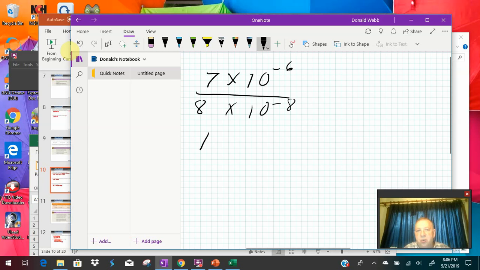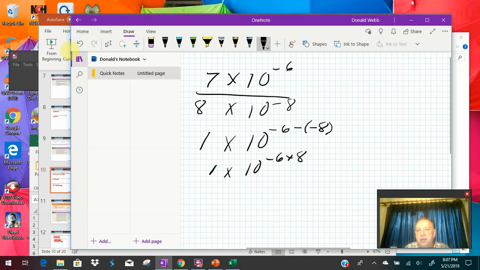So I'm going to write this as 1 times 10. This is where I'm going to do my exponent work. So when I'm doing exponent division, it's always the top minus the bottom. So this is going to be negative 6 minus, here's my parentheses, what am I subtracting? It's negative 8. 1 times 10 to the negative 6, negative and a negative is a positive.